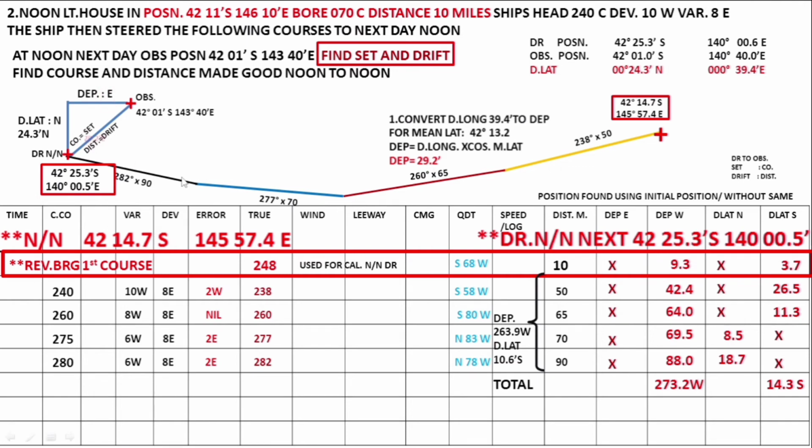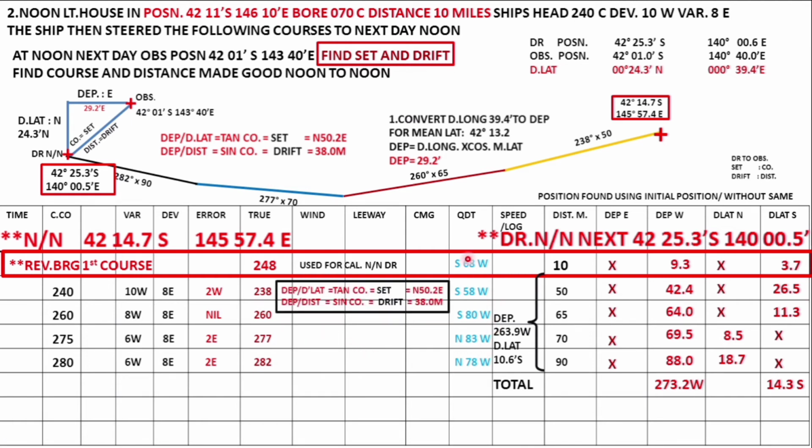So here in this triangle, now you have the DLAT, you have the departure, and using the formula, you can find out the course and the distance. So here the set and drift has been found out, and that's your set and drift here, north 50.2 east, and your drift is 38 minutes. So now we have found our set and drift.